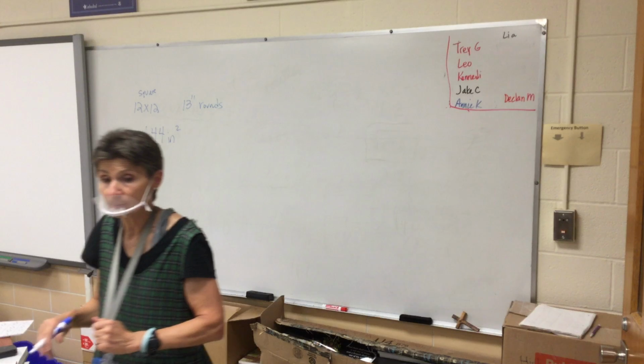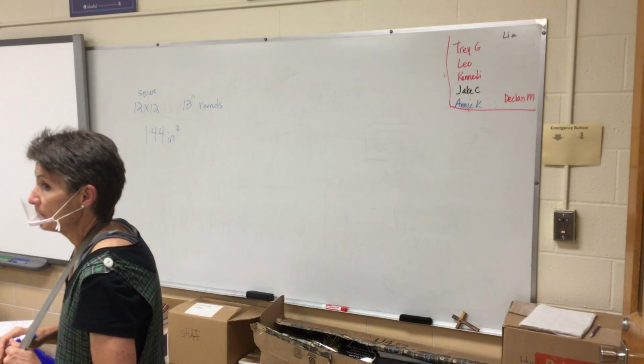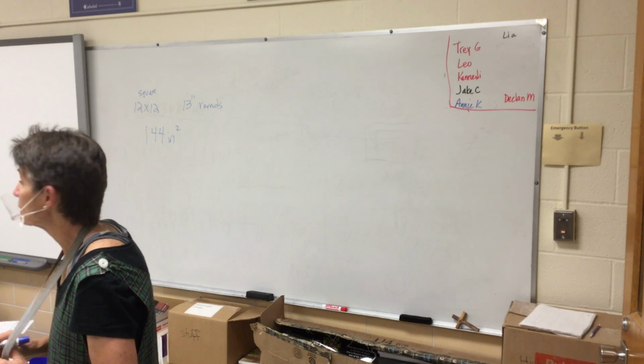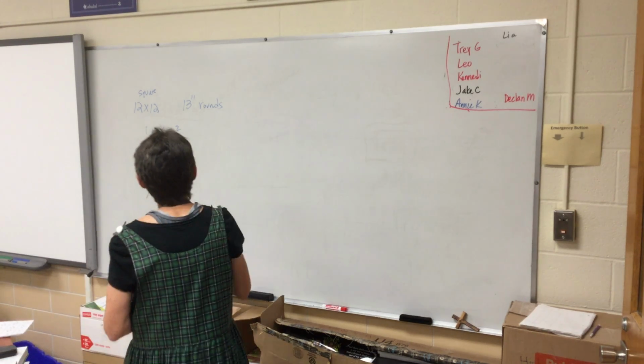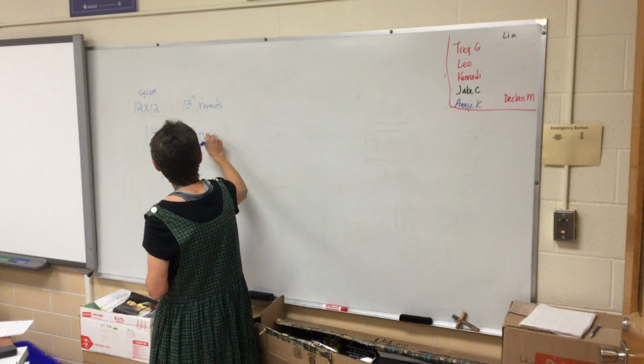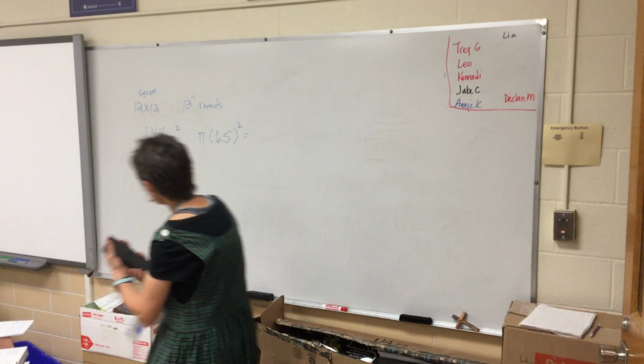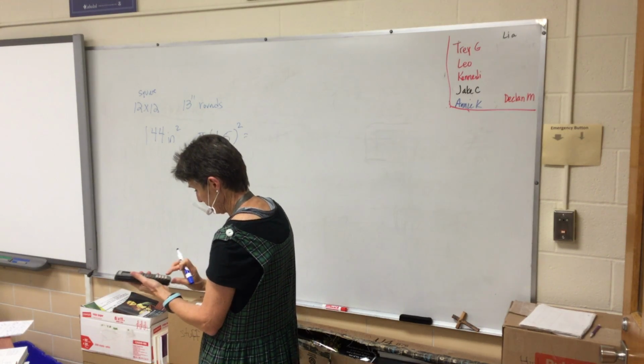What about a 13-inch round? How am I going to find out how much area it will cover? Jacob? Pi r squared, and the radius would be 6.5. I'll figure that out.